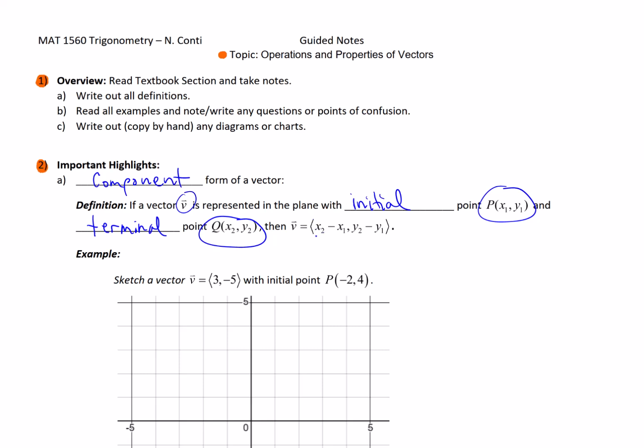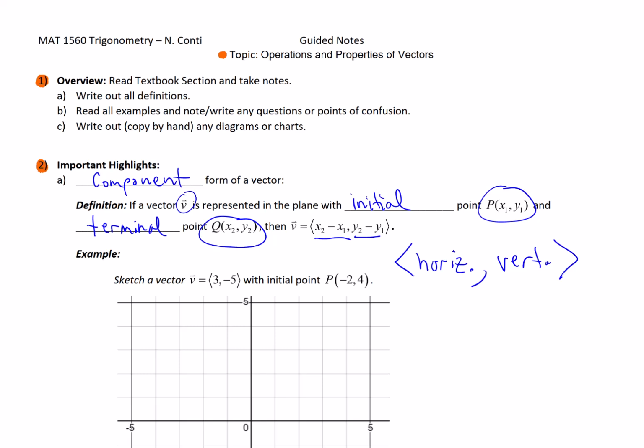Within that, you'll find, first of all, the horizontal component on the left, then a comma, and then the vertical component, and then a closing arrow bracket. So these symbols are notation for the component form of a vector.